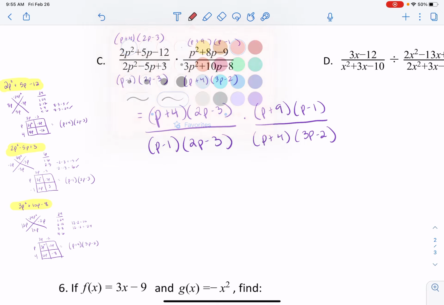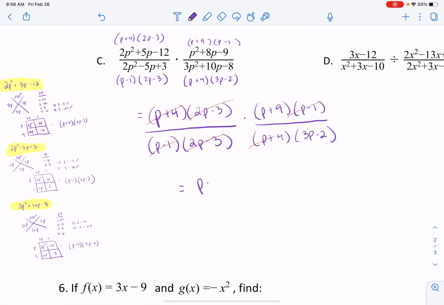So when we start thinking about canceling, we can cancel the p plus 4s here. We've got p minus 1s and 2p minus 3. So I think all we're left with after all that work is just p plus 9 over 3p minus 2.